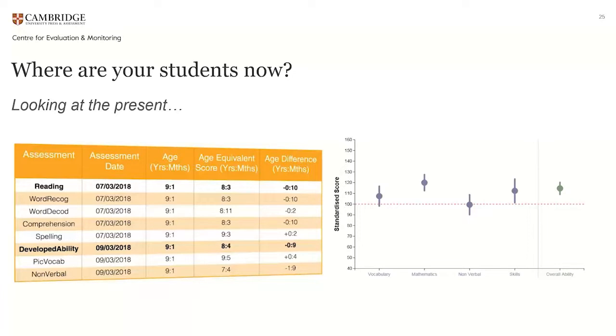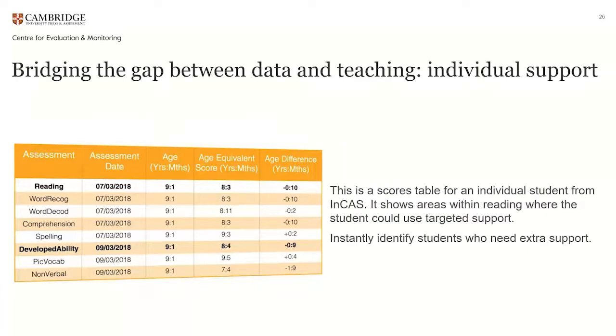I wanted to look at the INCAS one on the left a little bit more, and give maybe a couple of ideas of how you could actually use that when it comes to teaching and planning. As I said before, for each overall score, reading, developability, mathematics, you get a breakdown into sub-skills.